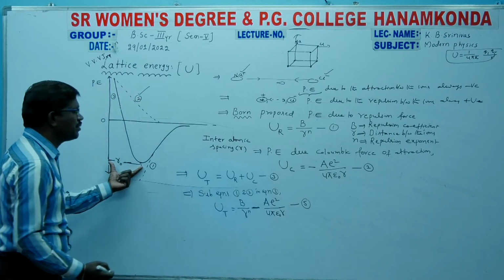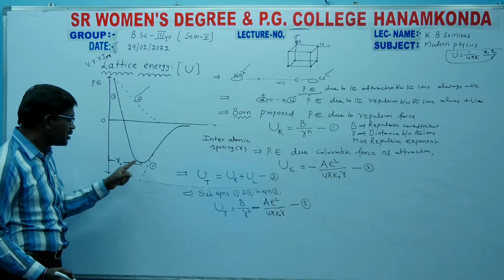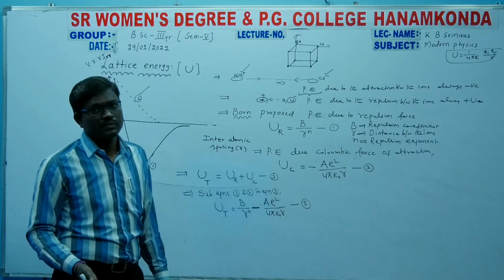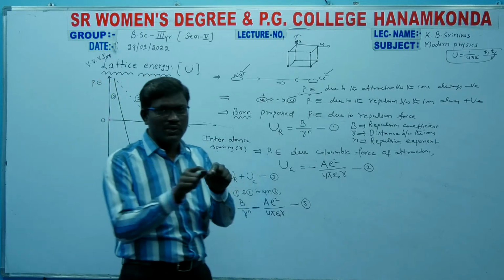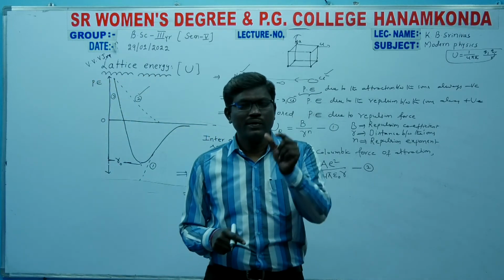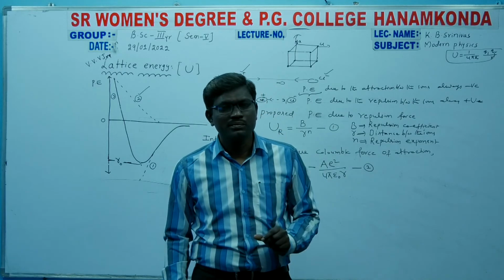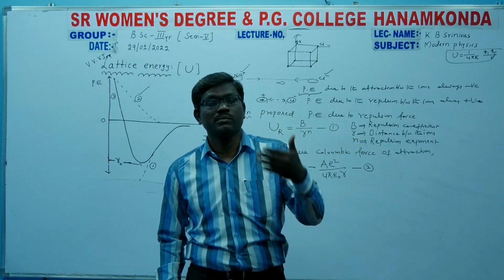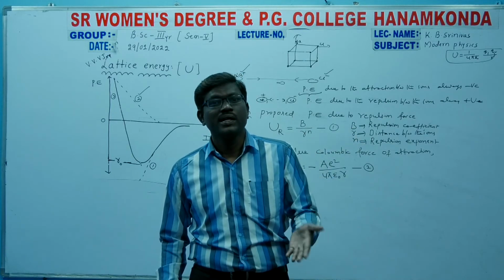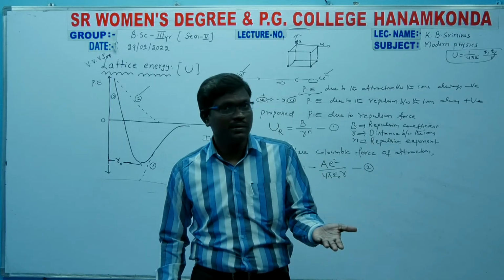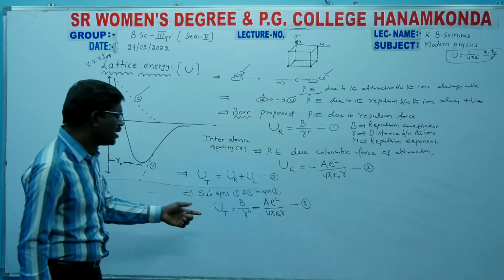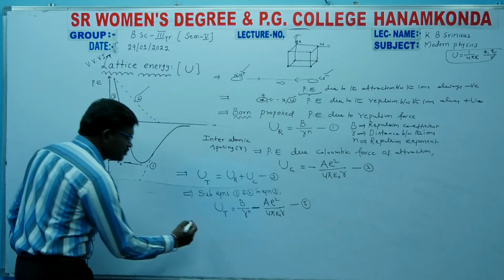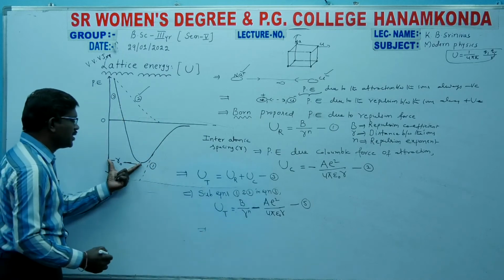To calculate this B value individually, I am differentiating. See, when U is minimum, when potential energy is minimum at this distance, its first derivative becomes 0. Generally, this condition we use in mathematics. When a given variable is a constant, its first derivative becomes 0. That is at r naught distance.